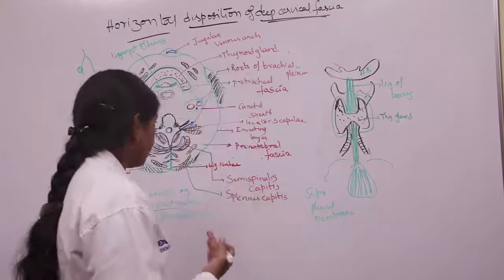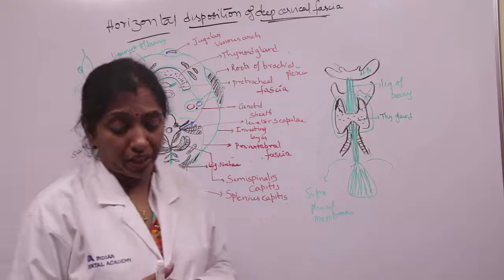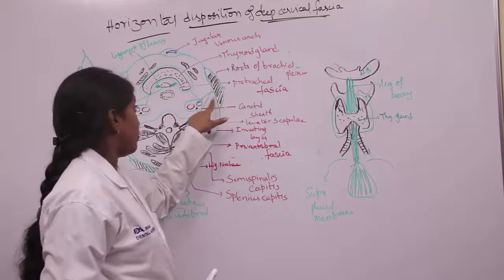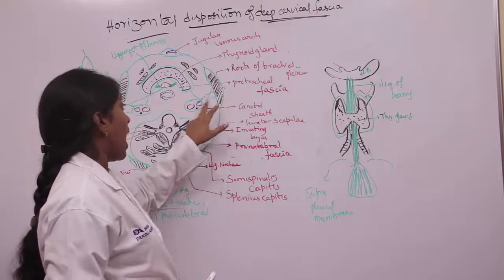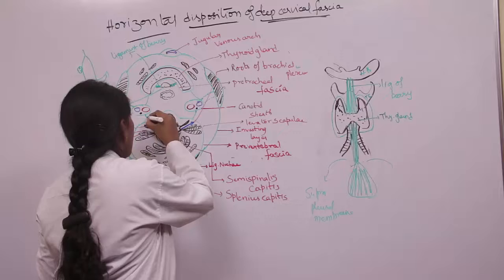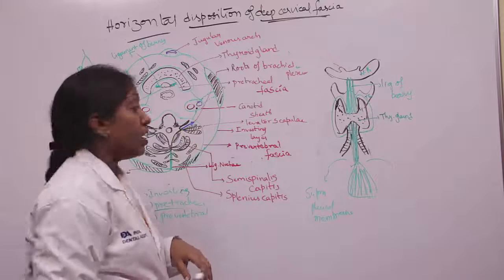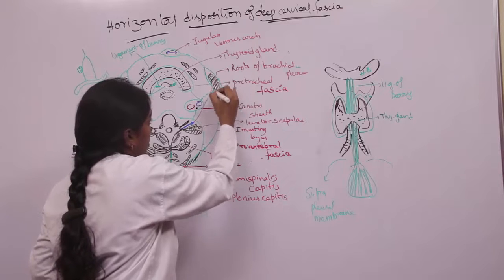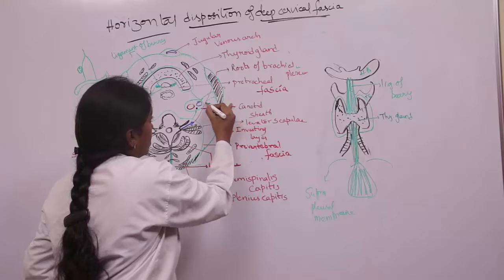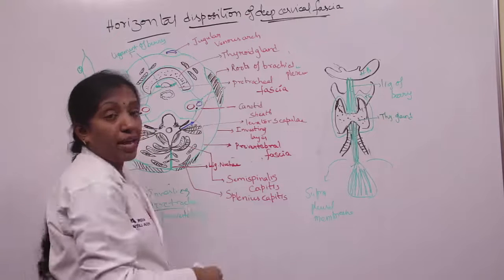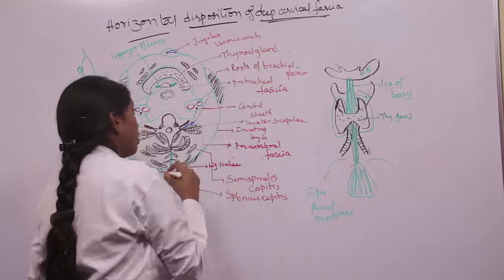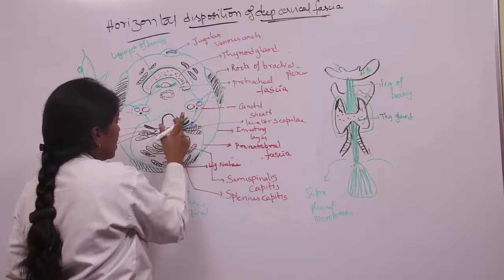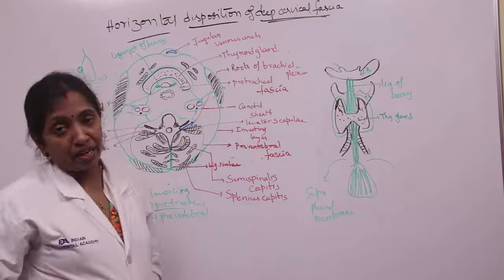So coming to the prevertebral fascia, the prevertebral fascia extends as a fascial process beneath the sternocleidomastoid, and it forms the posterior wall of the carotid sheath. It extends from the investing layer of the deep cervical fascia deep to the sternocleidomastoid, and here it encloses the cervical vertebrae and paravertebral muscles.